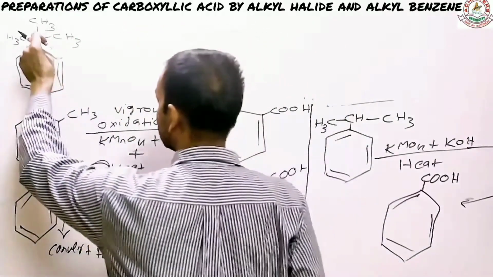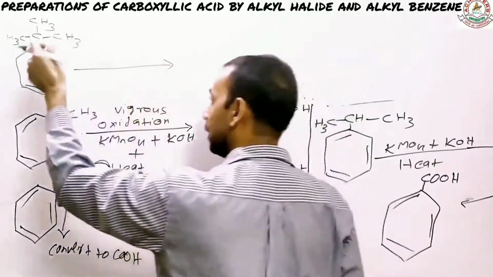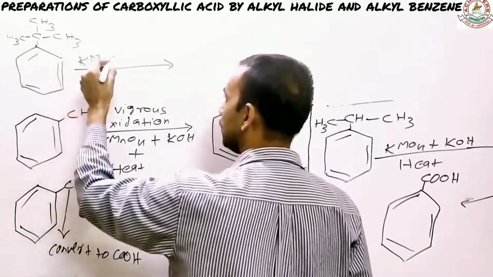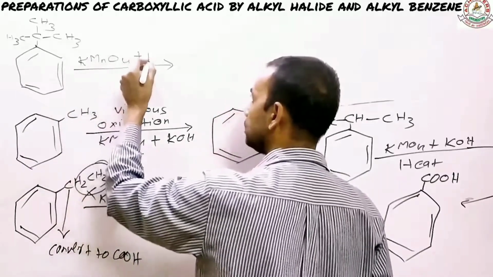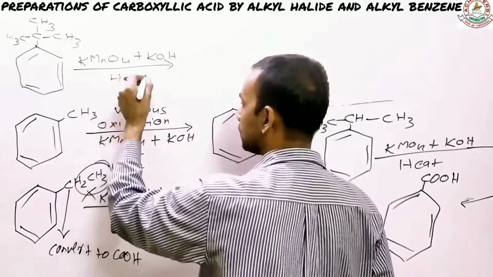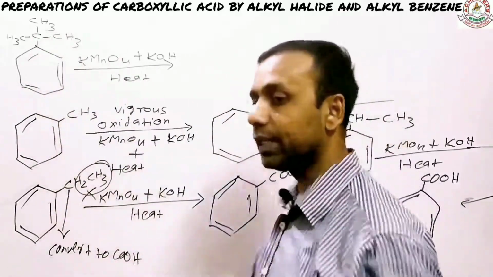So this is a tertiary carbon. Now what happens if you let this alkyl benzene go through oxidation using KMnO4 along with potassium hydroxide, and you put some heat through the system? This carbon doesn't have a hydrogen.